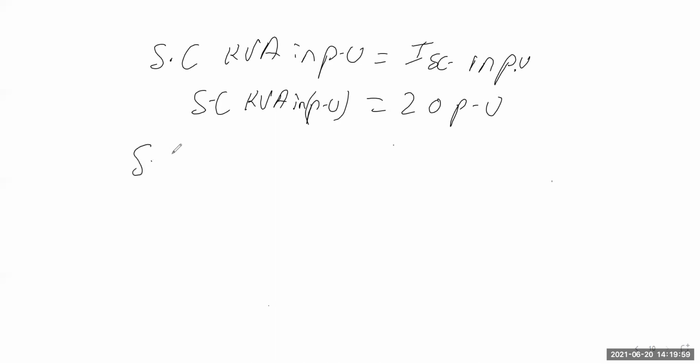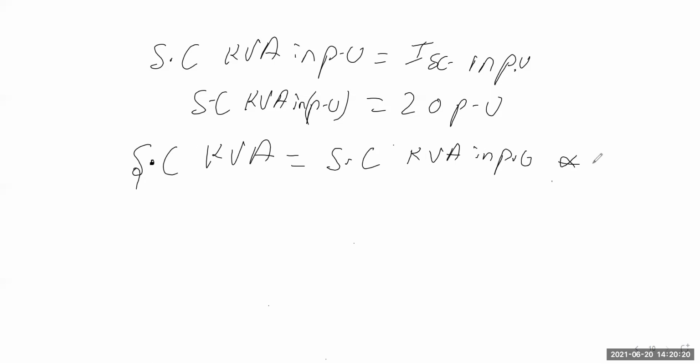So the short circuit kVA value is your short circuit kVA in per unit into common base. We have seen this, so it will be into kVA.